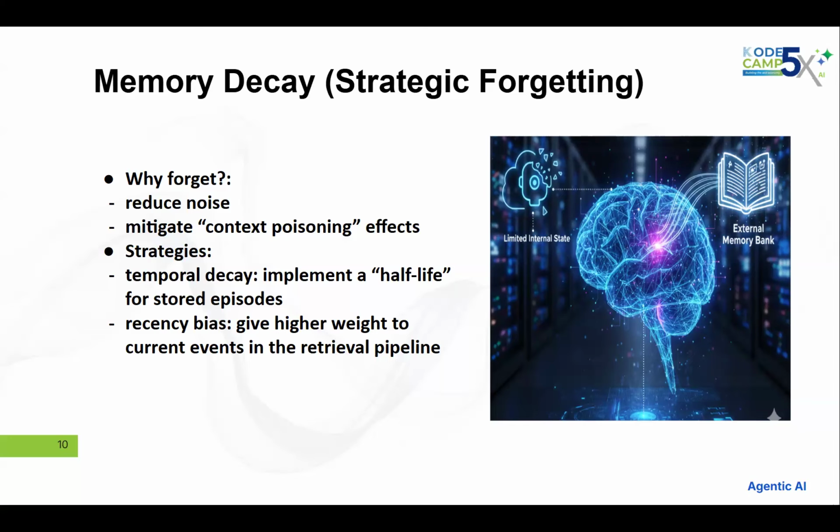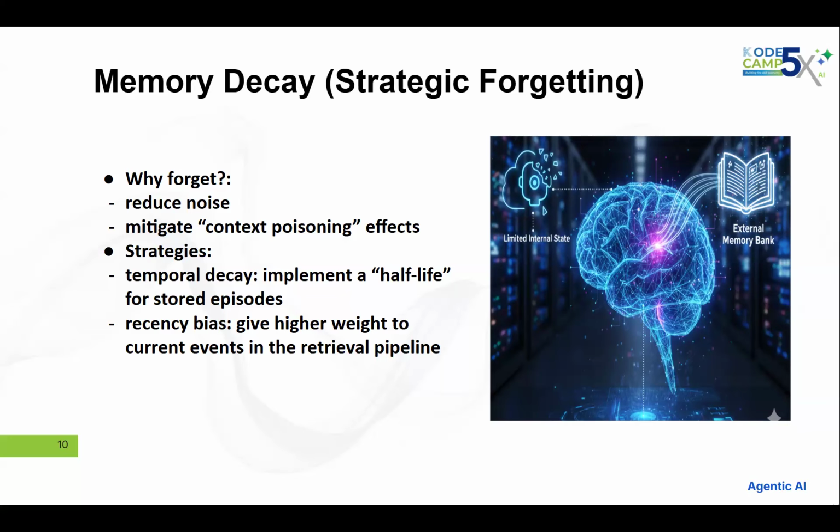So some of the information in your memory could actually become noise, and they could poison your context. If the information is stale and you capture that context from your memory and your agent acts based on that context, the agent's response would not be optimal. So such stale information could poison your context. And so that's why it's important, depending on your use case, to implement some memory decay feature.